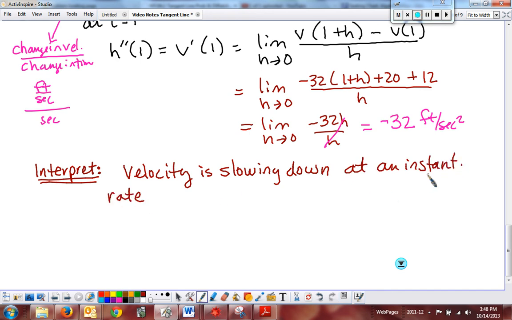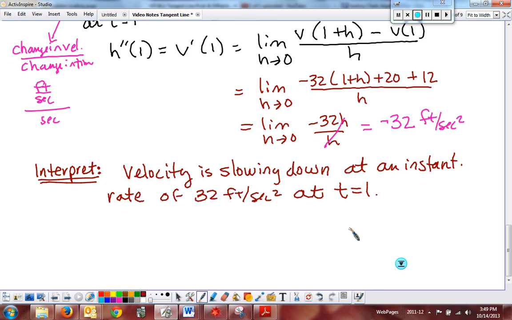Notice I'm not saying instantaneous acceleration because the acceleration is the rate of change in velocity. So at an instantaneous rate of 32 feet per second squared at t equal to 1.